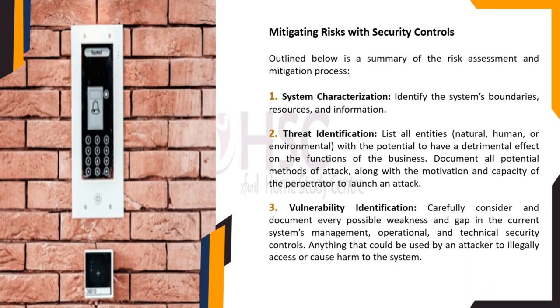Document all potential methods of attack, along with the motivation and capacity of the perpetrator to launch an attack. Vulnerability identification. Carefully consider and document every possible weakness and gap in the current system's management, operational, and technical security controls. Anything that could be used by an attacker to illegally access or cause harm to the system.